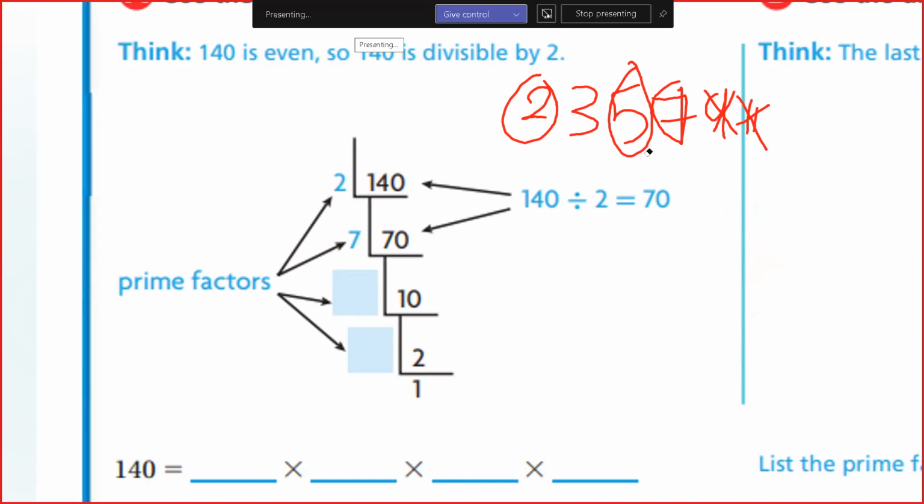Then let's come back to my prime numbers. Now look at number 70. What is the prime number from these that I can divide 70 by? 3. Can I divide 70 by 3?